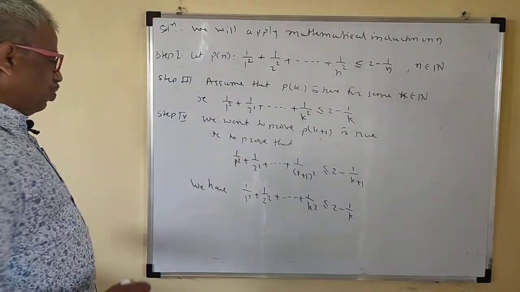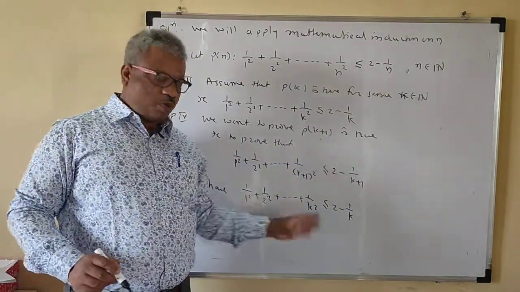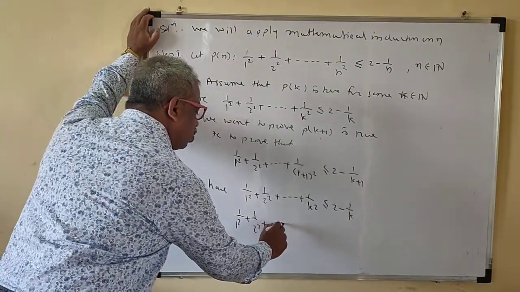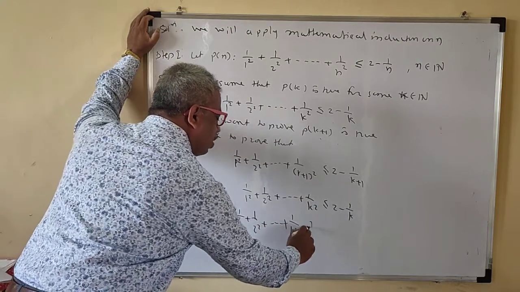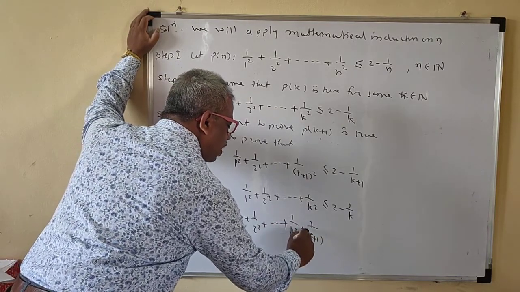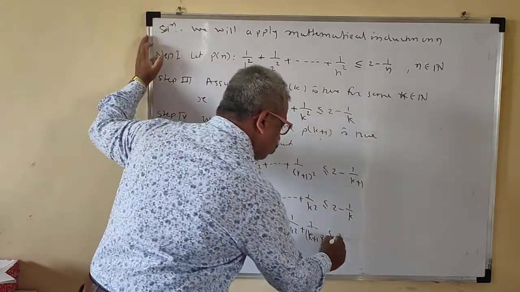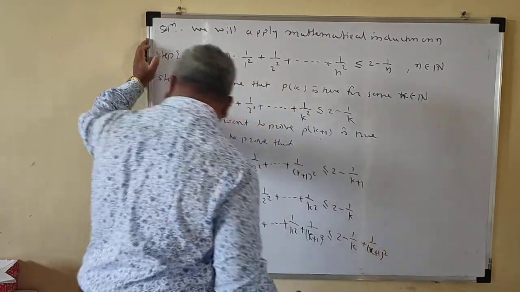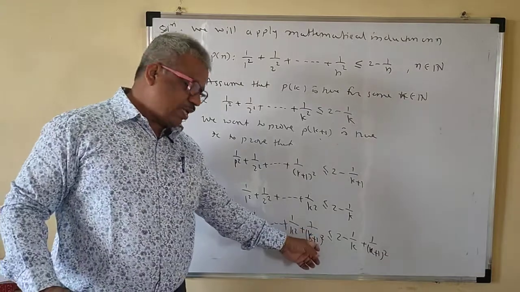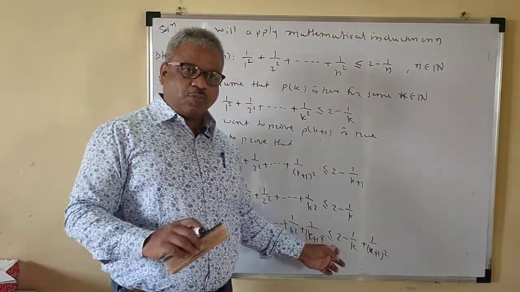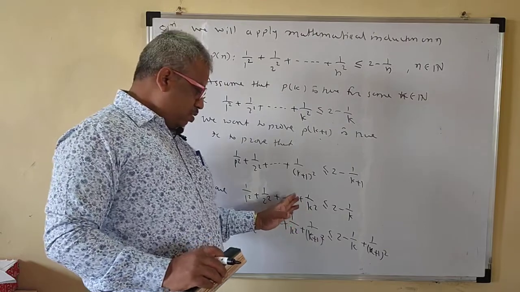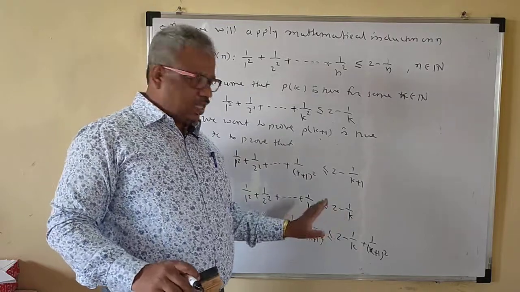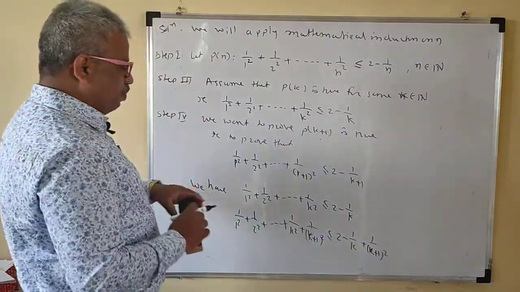What we will do is add 1/(k+1)² to both sides. So 1/1² + 1/2² + ... + 1/k² + 1/(k+1)² ≤ 2 − 1/k + 1/(k+1)². Whatever positive or negative term you add to both sides of an inequality, the inequality remains as it is. No problem for the inequality.